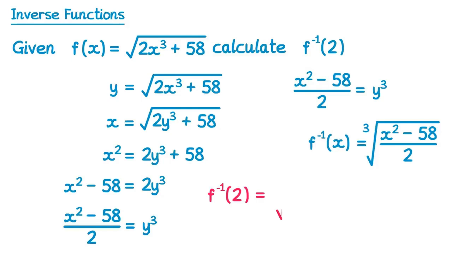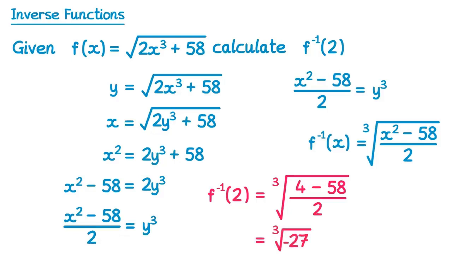So it's the cube root of x squared, but we know that x is 2, so 2 squared minus 58 over 2. 2 squared is just 4, and 4 take away 58 is negative 54, and if you divide that by 2 you get negative 27. So it's the cube root of negative 27, which is negative 3. And that's your answer to this question.